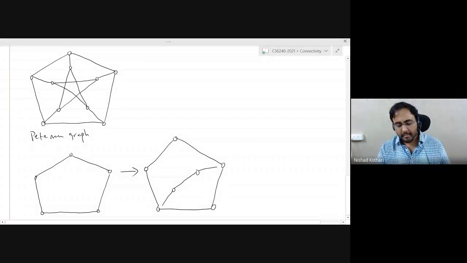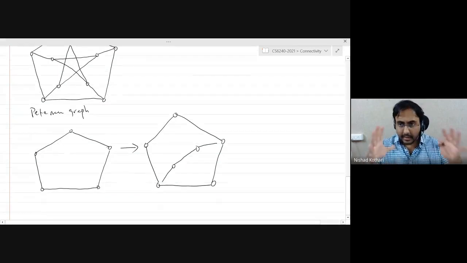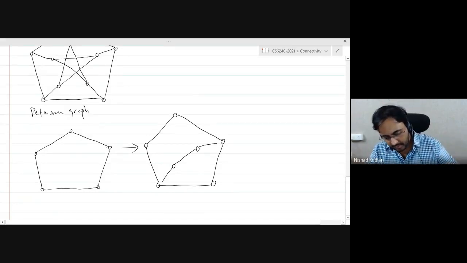And this is called adding an ear. We are going to add an ear at a time. And an ear in this context is going to be a path. Okay? We start with a cycle, but then we keep adding paths one by one. Okay? So let's say we add this path.